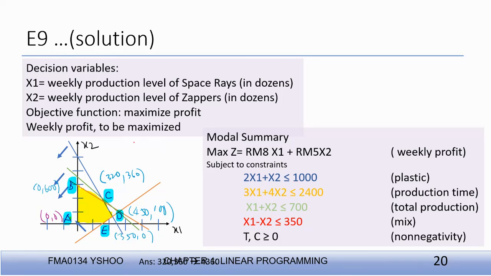Now after you have this feasible region, you need to identify how many corner points you have. 1, 2, 3, 4. Actually this D here is 4 and 5. So 1, 2, 3, 4, 5. This one is a bit small, so you better watch out, because you need to find the correct intercept point.